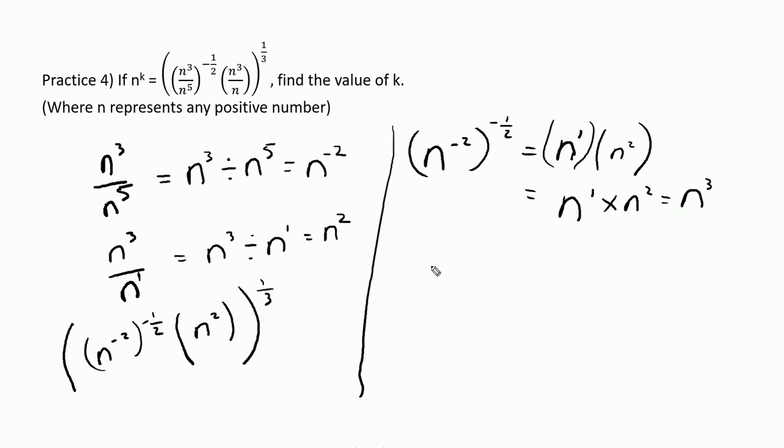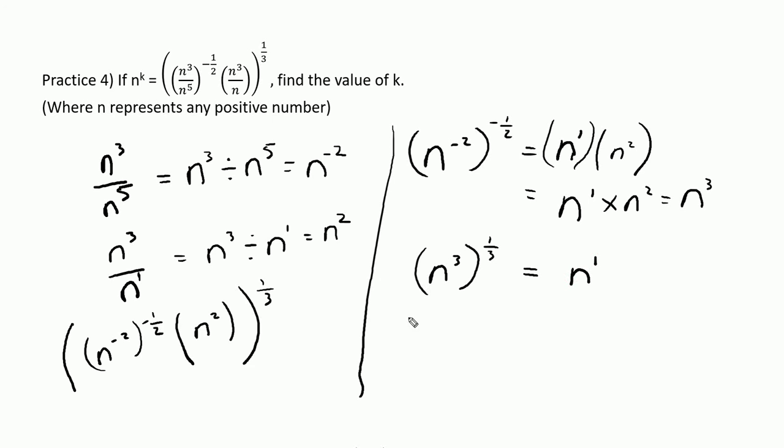So now rewriting it again, you end up with n to the 3 to the power of a third. Again, times across the brackets, 3 times a third is equal to 1. So this just ends up as n to the power of 1.